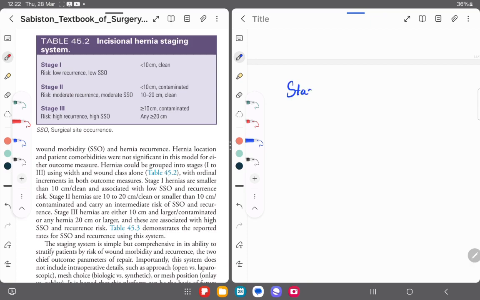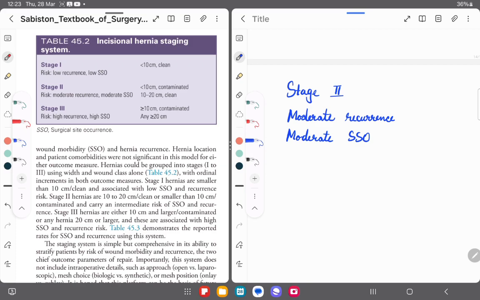Stage 2. Stage 2 is moderate recurrence and moderate surgical site occurrence.